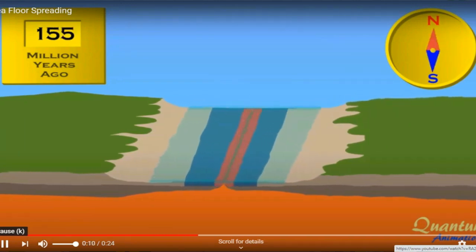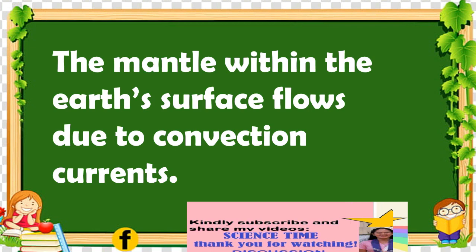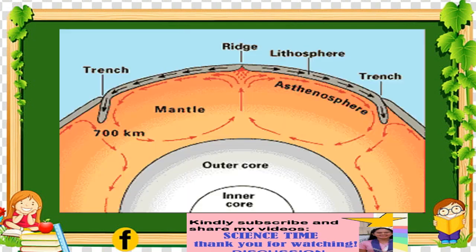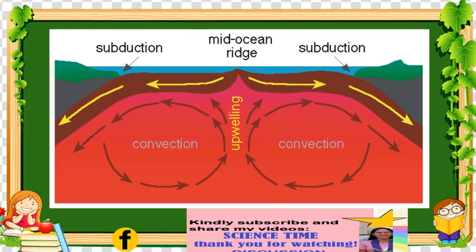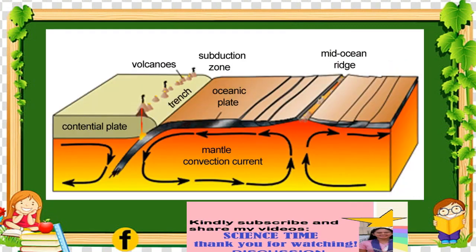The mantle within the Earth's surface flows due to convection currents. These currents are mainly caused by a very hot material present in the deepest part of the mantle, which rises upwards, then cools, sinks again and again, repeating the same process of heating and rising.